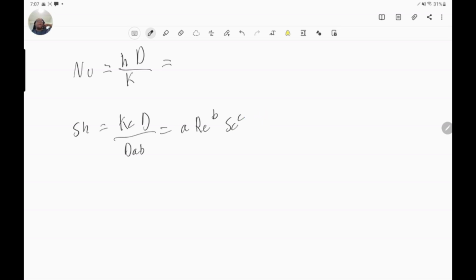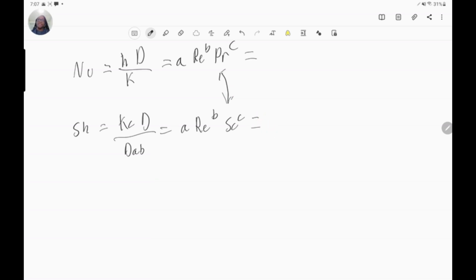Conversely, our Nusselt number has a similar equation in terms of heat: A times our Reynolds number to the B power times our Prandtl number to the C power. And you'll find that these two will be equal.